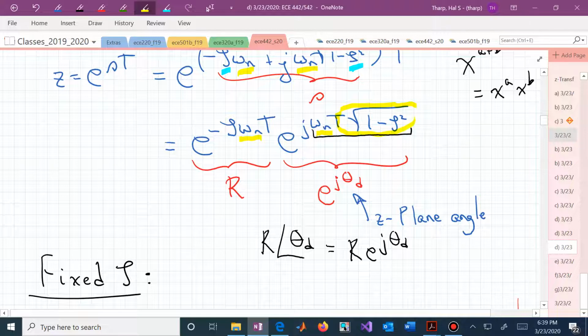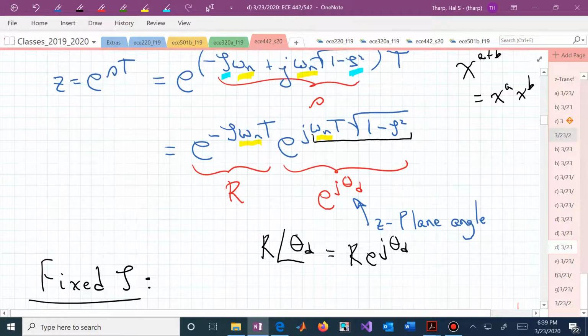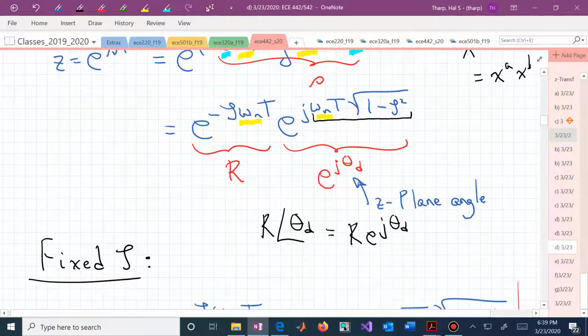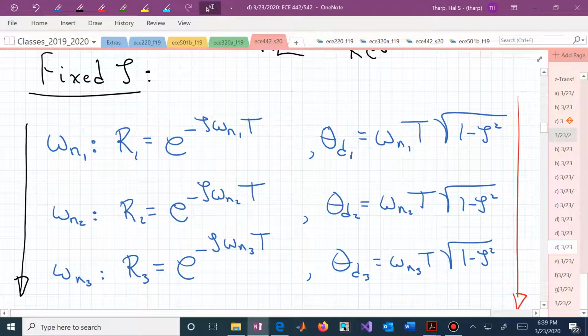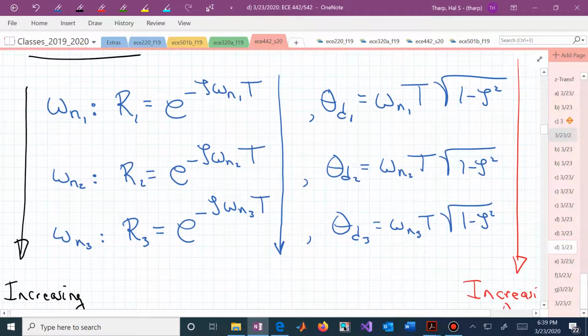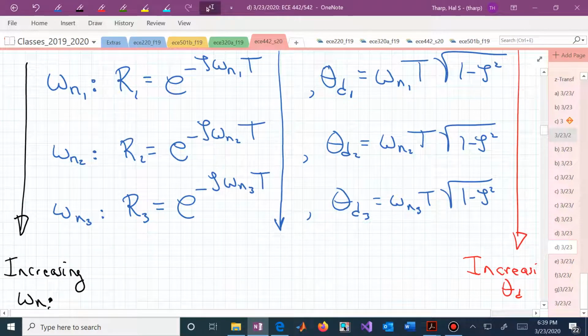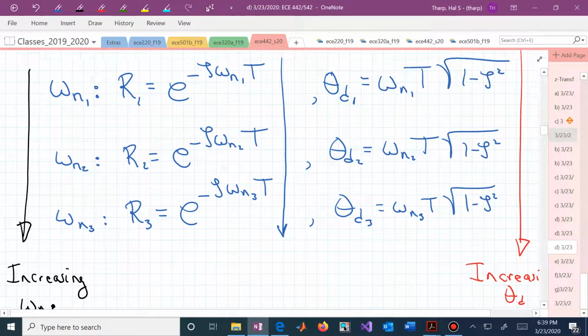This factor is now just a constant, and if we increase omega sub n, that increases theta sub d. As we increase omega sub n, we're marching the natural frequency to higher and higher.